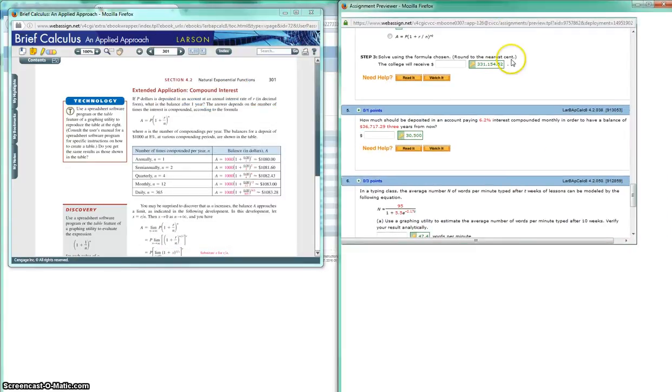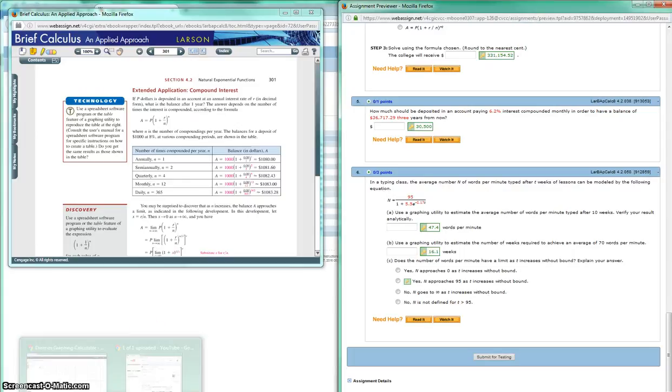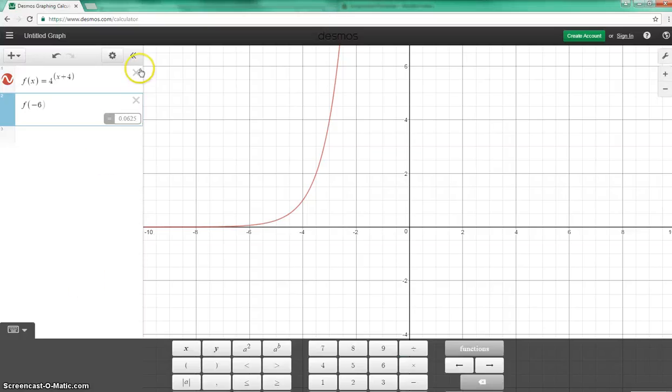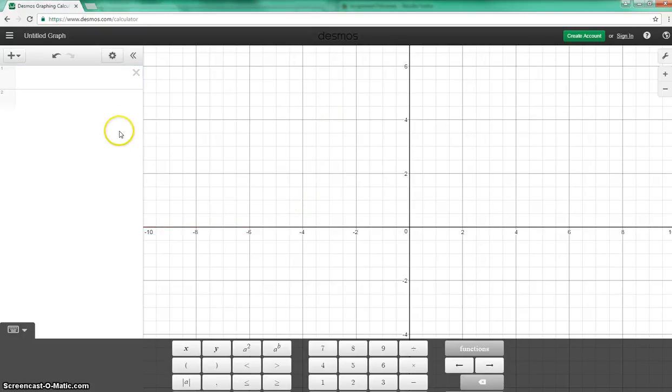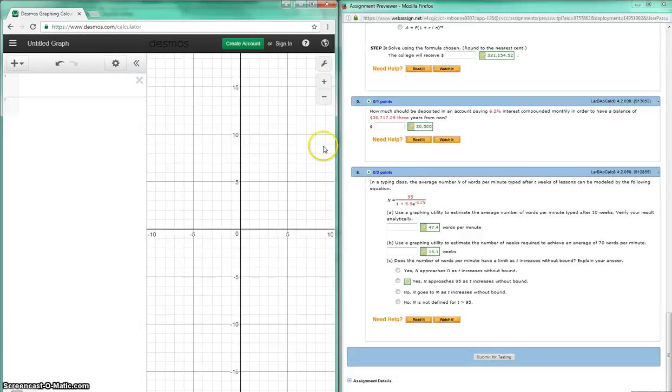So I'm going to look at one to give an example. How much should be deposited in an account paying 6.2% interest compounded monthly in order to have a balance of this amount 3 years from now?